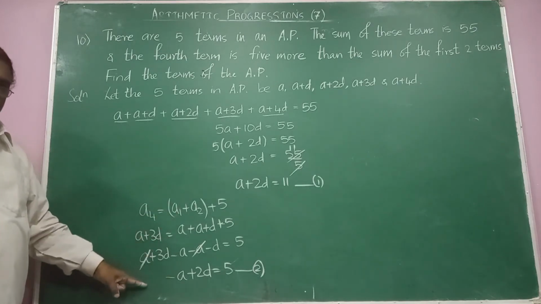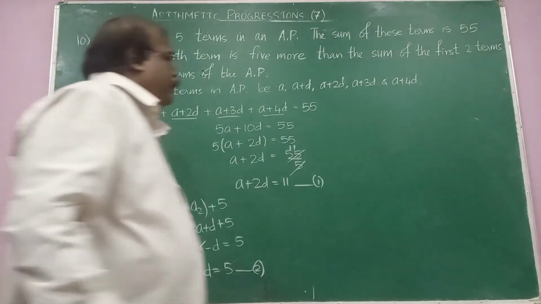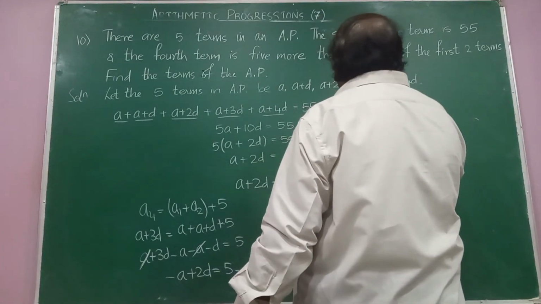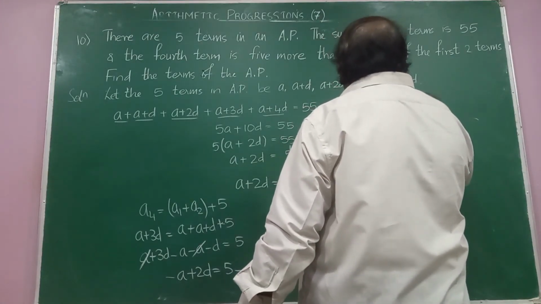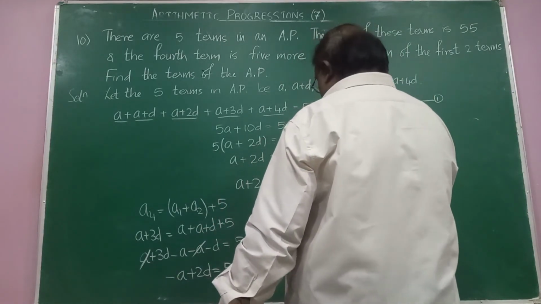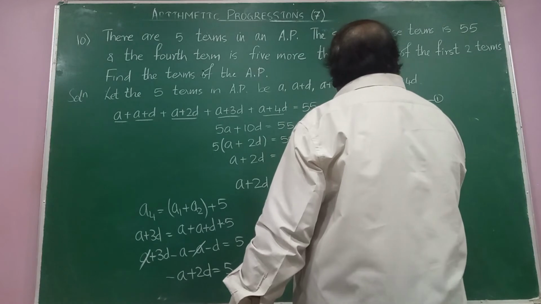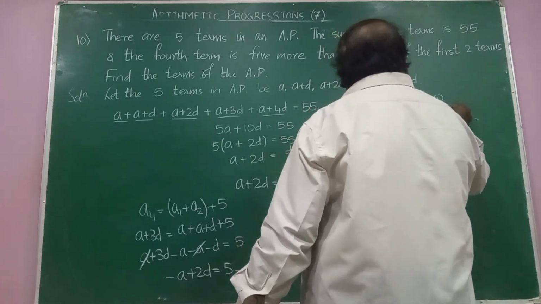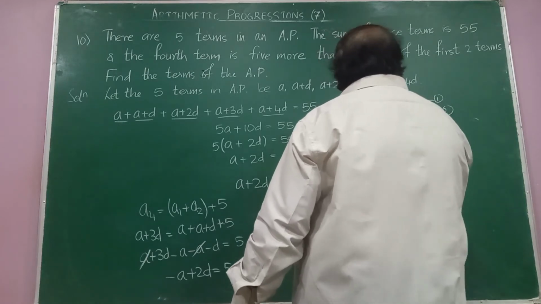Solve by simultaneous equations. Equation 1, A plus 2D is equal to 11. Equation 2, minus A plus 2D is equal to 5. What shall I do?